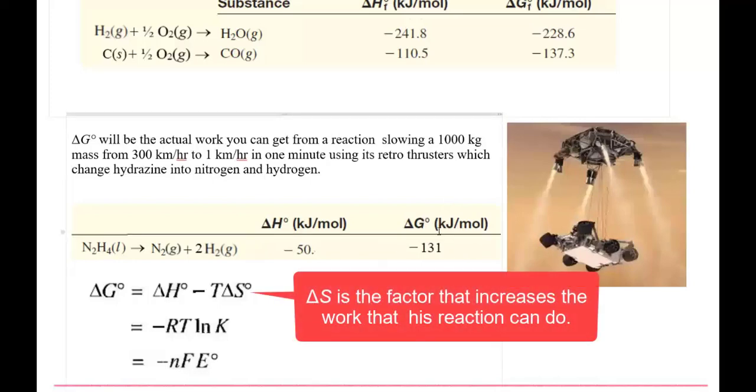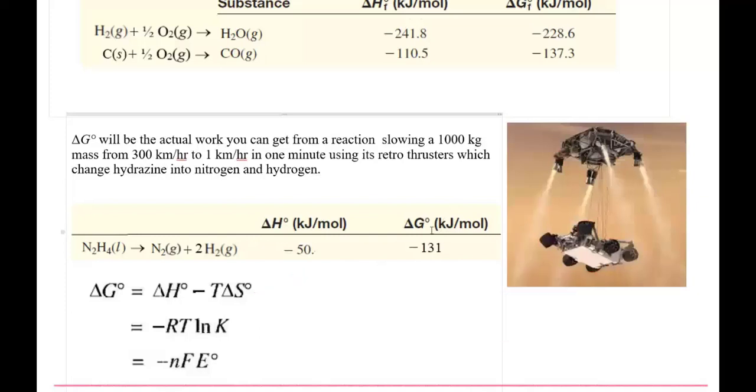Delta G is a very, very important thing because you want your cell phones to work. How much work can I get my cell phones to do from these batteries? You want rockets to work. You want a car engine to get work to move things. In fact, even your body, your ATP and ADP end up doing work so that you move around. That work is described with the Gibbs free energy. So this is a big deal. They saved it for the end of the year.